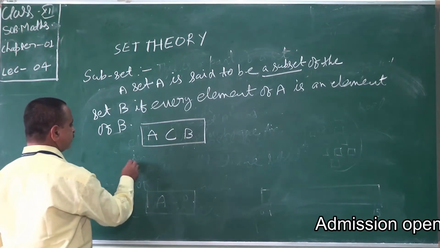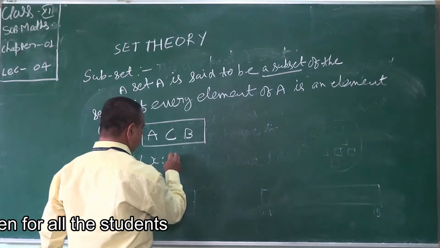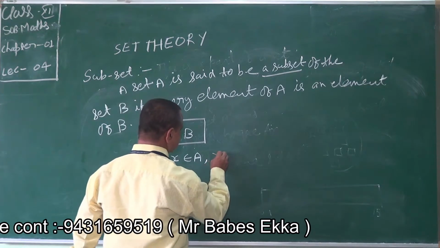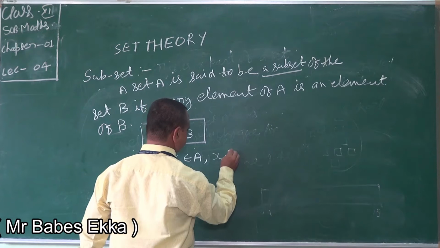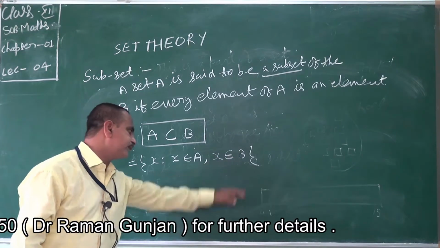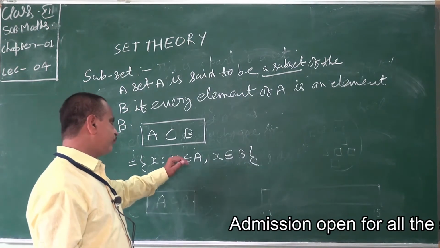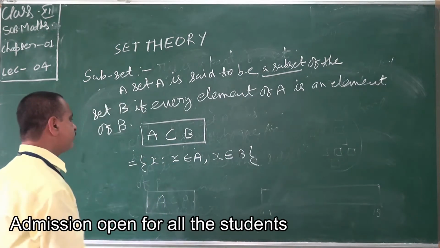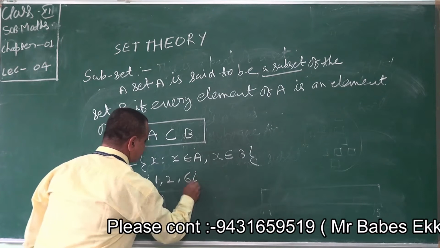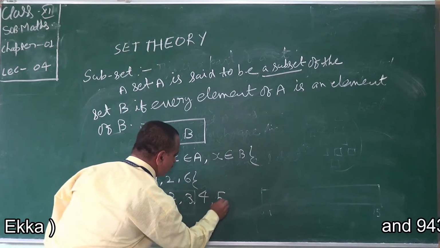We represent it by symbol: x such that x belongs to A implies x belongs to B. Both elements are present in set A and set B. No elements are absent in B which are present in A. Suppose A contains elements 1 to 6 and B contains 1, 2, 3, 4, 5.